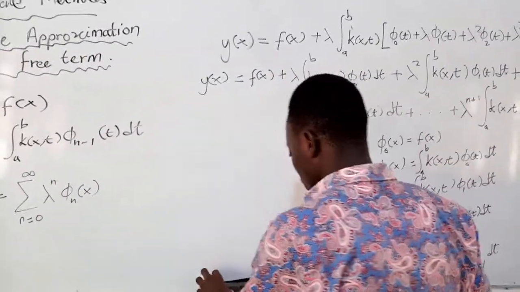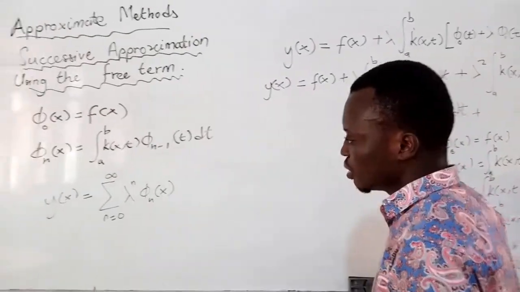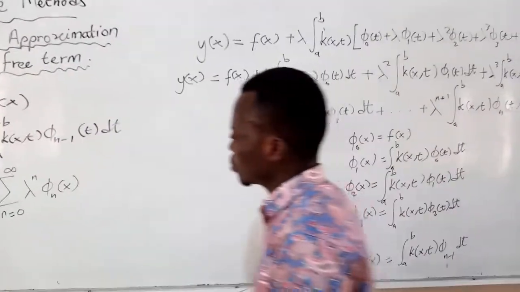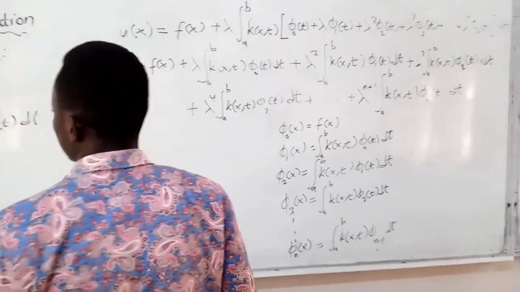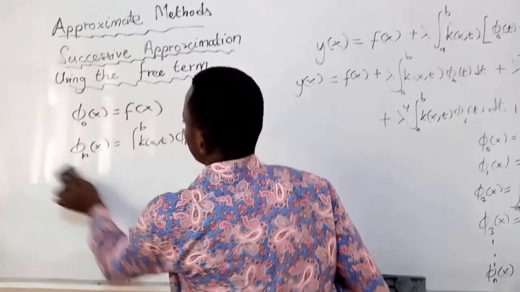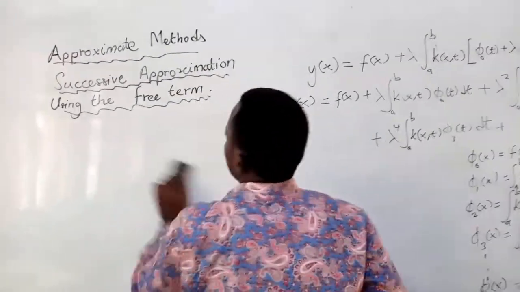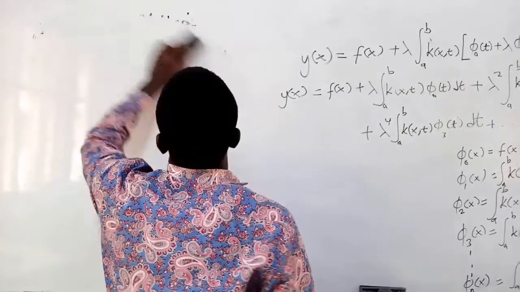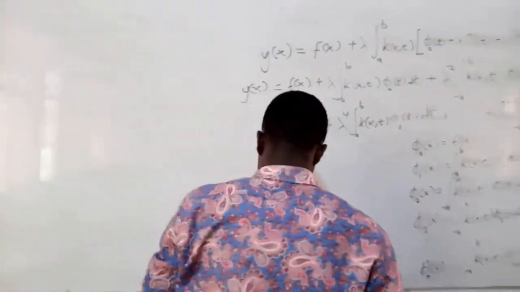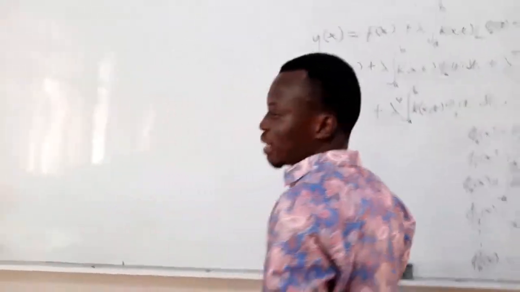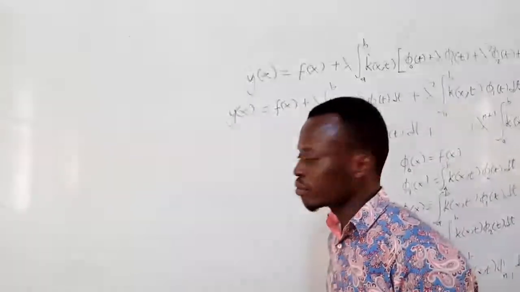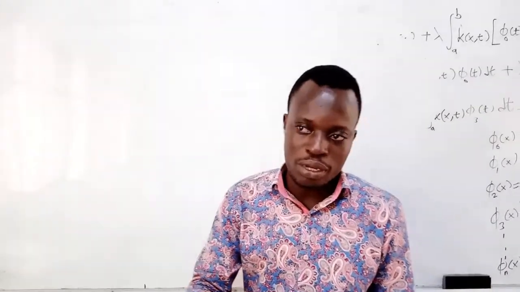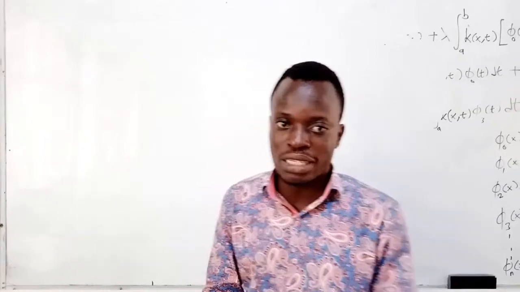Now let's move on to the justification of this solution, the justification of the method of successive approximation. When we started, we said that the kernel k of s t is continuous in a square. If it is continuous, that means it is bounded.